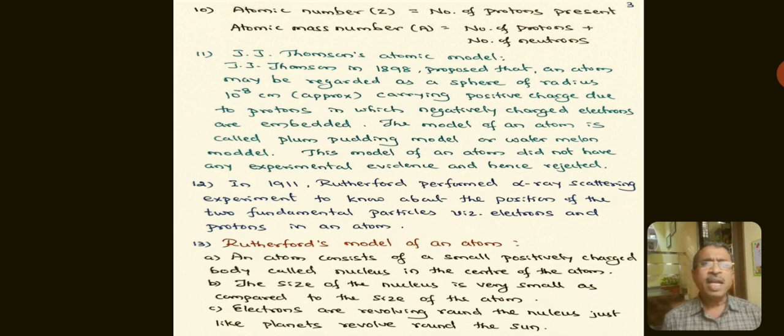J.J. Thomson in 1898 proposed that an atom may be regarded as a sphere of radius of approximately 10^-8 centimeter, carrying positive charge due to protons in which negatively charged electrons are embedded. The model of an atom is called plum pudding model or watermelon model. This model did not have any experimental evidence and hence was rejected.